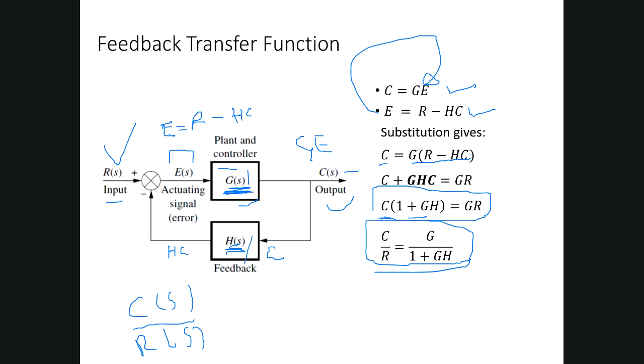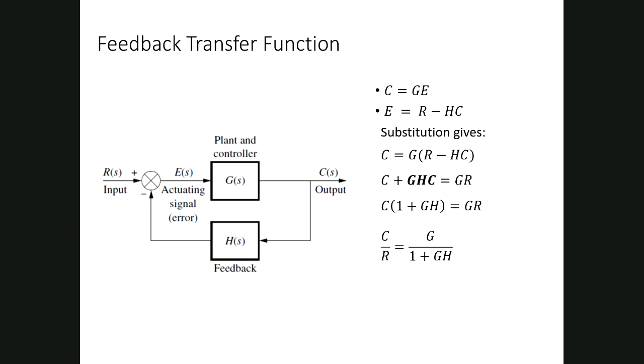Whenever you see feedback, notice the feedback here is minus. This is negative feedback, and the denominator has a plus. If this changes to positive feedback, then the denominator will become minus.